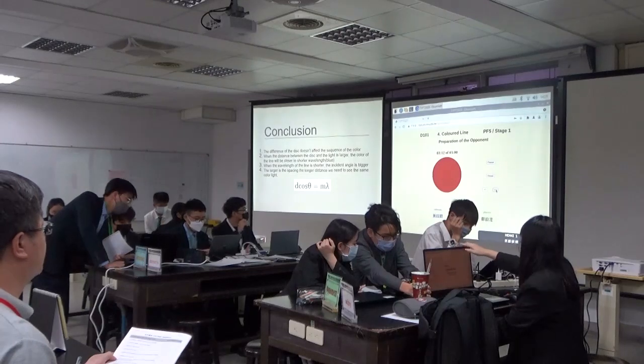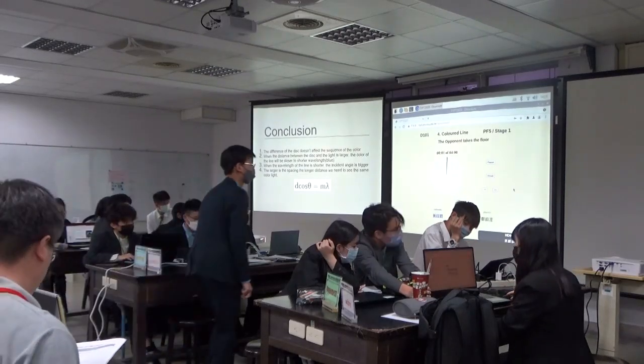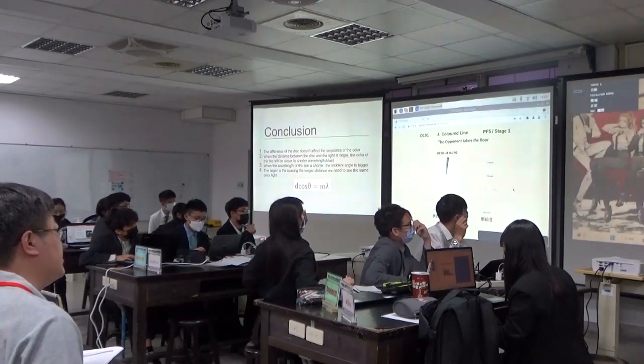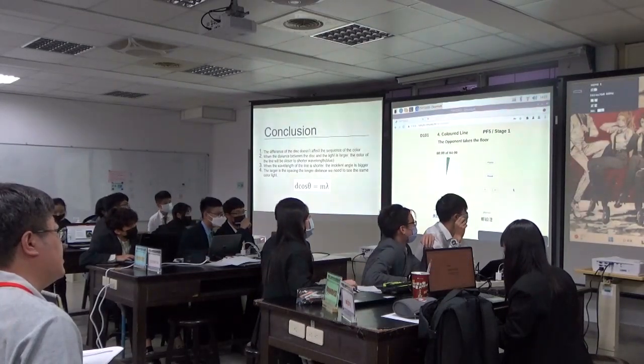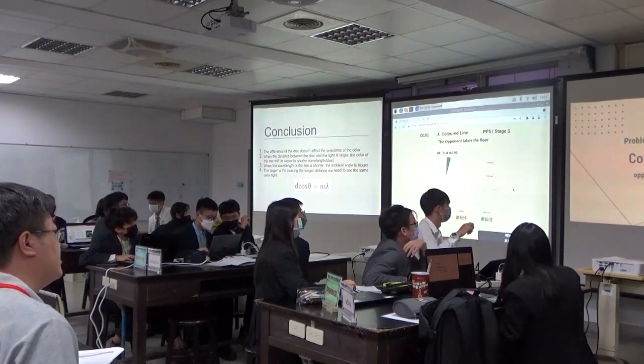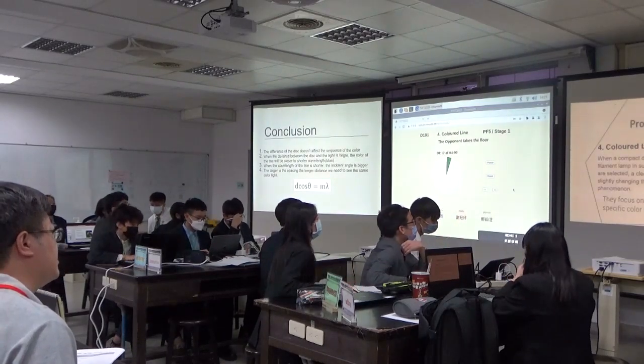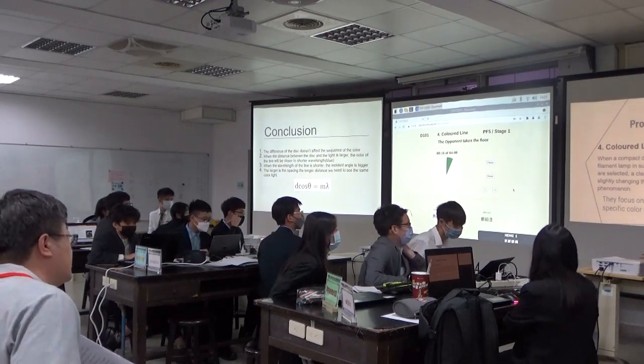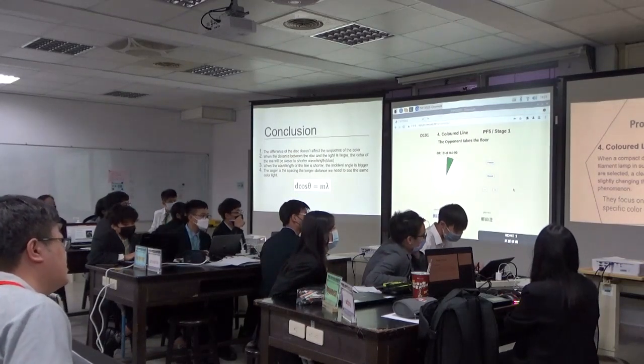Good afternoon, honorable judges, commissioners, and mechanics. Our problem is number 4, color design. Here is the problem statement: they focus on the range of angle where we can see a specific color on a CD or DVD.